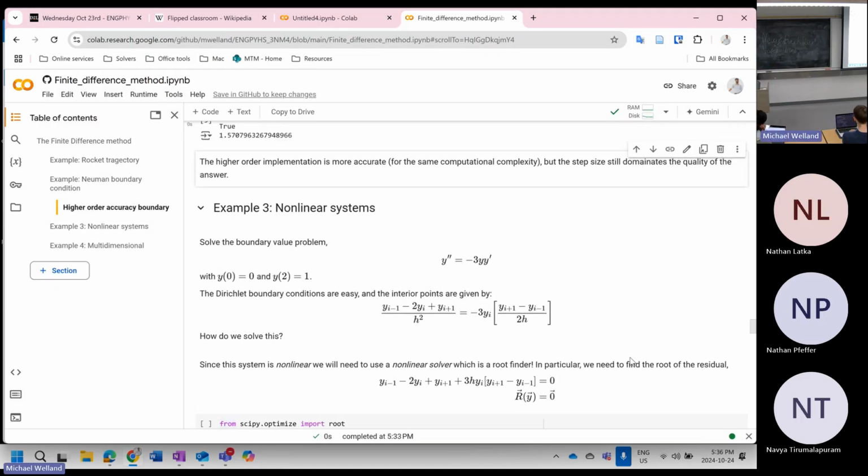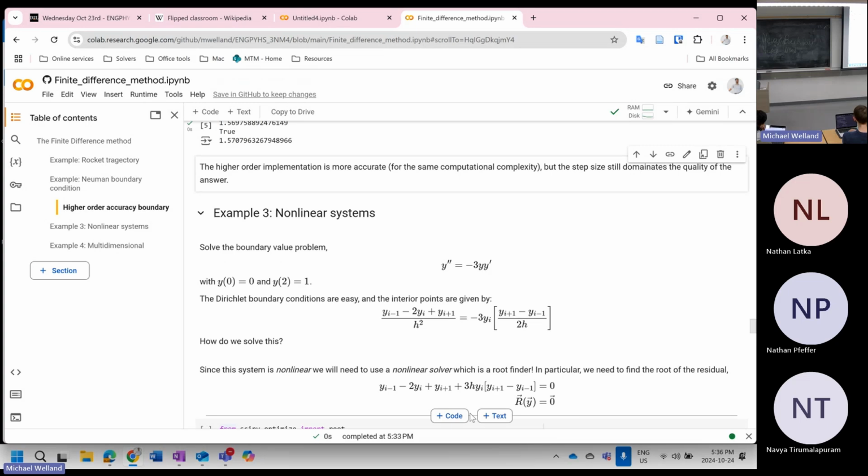All we need to do is move everything to one side. Now we have a vector function. Okay. Move everything onto one side.